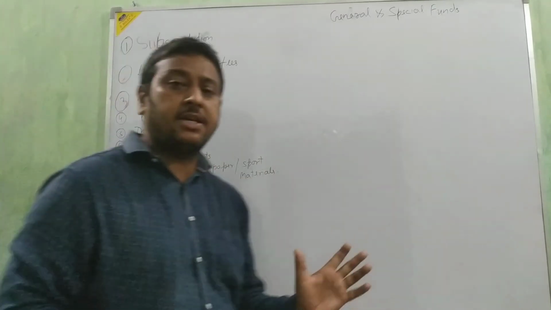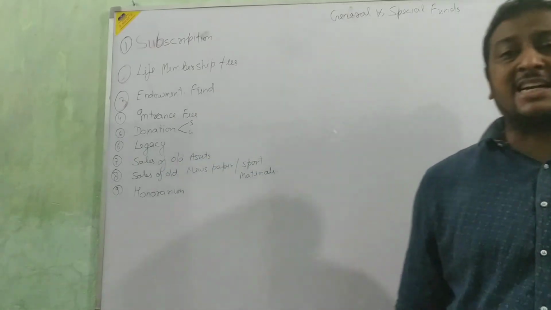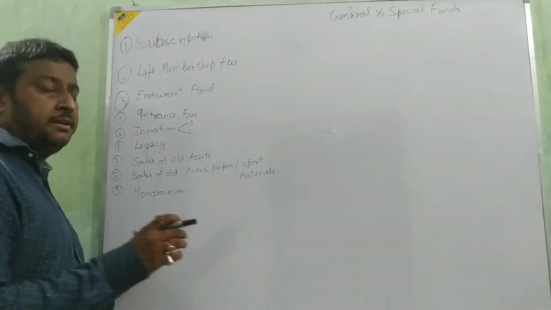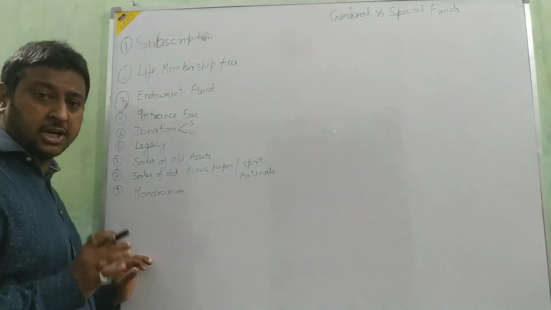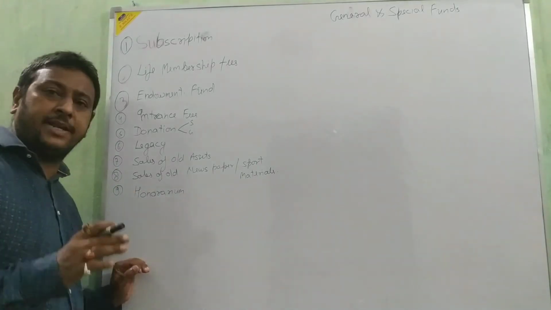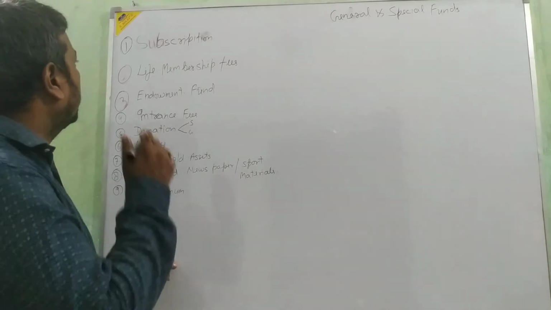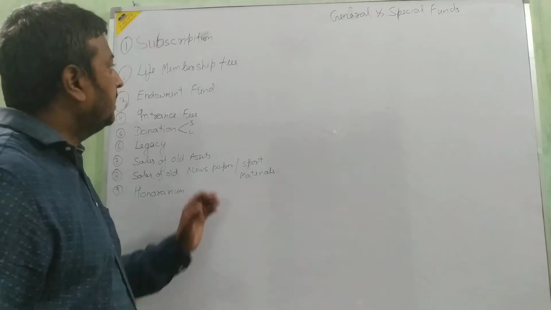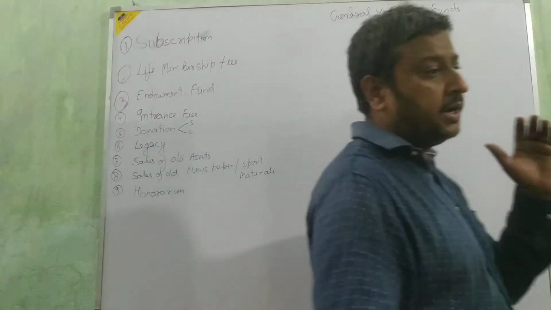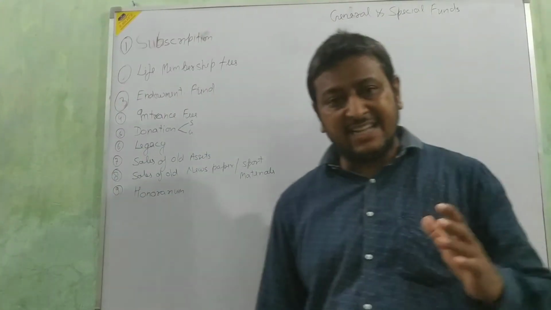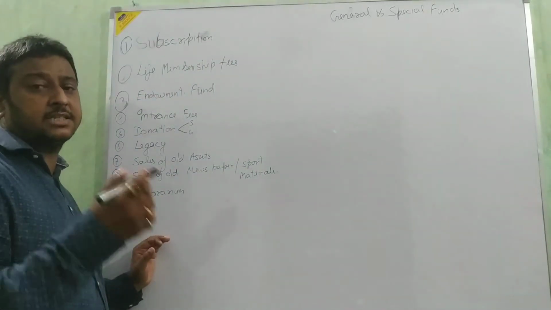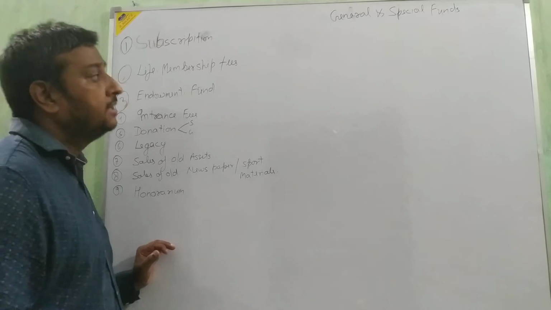We show this subscription on the credit side of the income and expenditure account, and in this subscription we add outstanding subscription and less prepaid or advance subscription of the current year. Okay, beta?